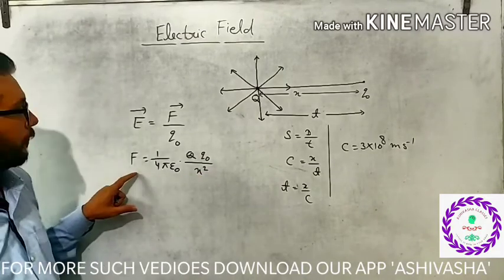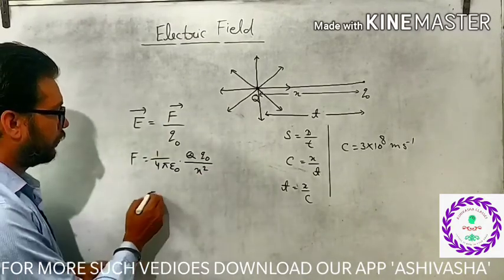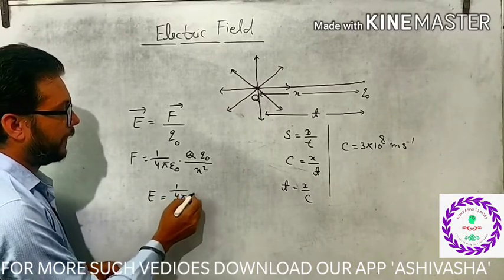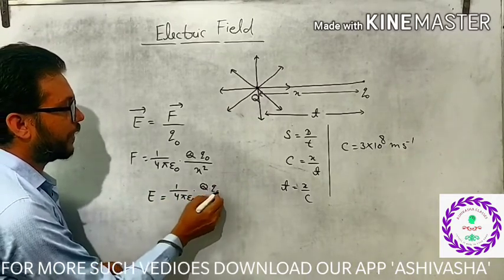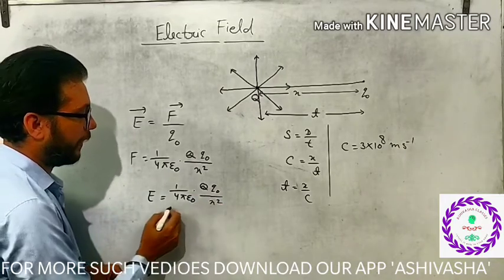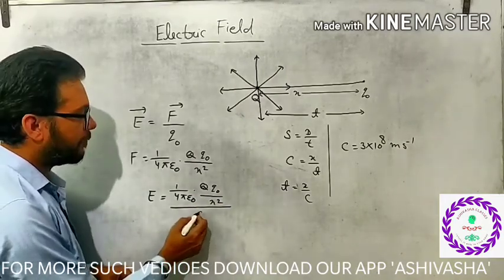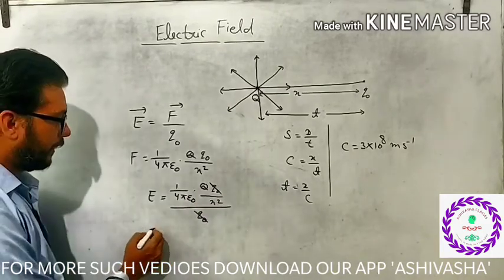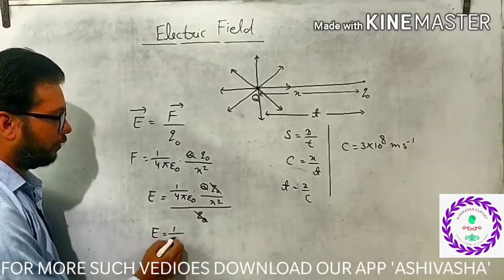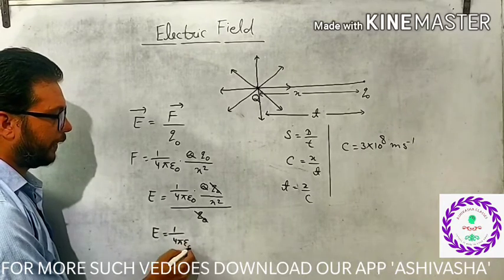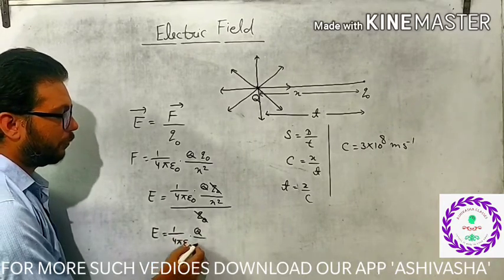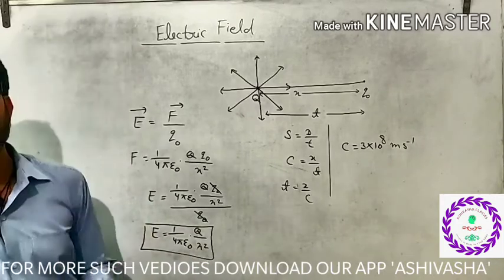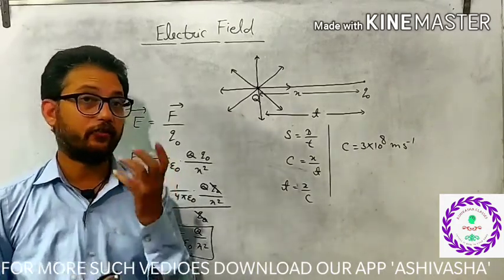And as we put the value of F here, we have E equals 1 upon 4 pi epsilon naught, Q Q naught upon x square, and this divided by Q naught. Now Q naught and Q naught cancel out, and we have E equals 1 upon 4 pi epsilon naught, Q upon x square. This is a very interesting result.